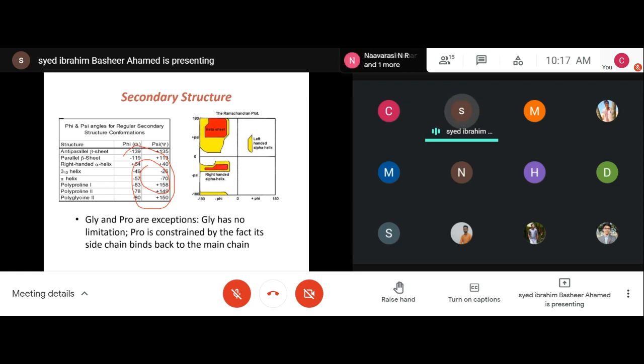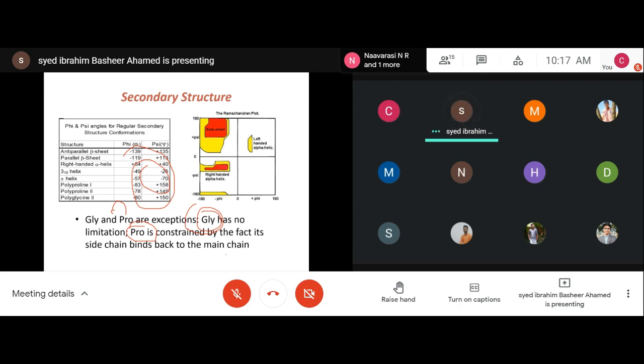Here I told you glycine doesn't have any limitation, and it can appear anywhere. And proline, you know, the side chain, the R group, is connected with the C alpha, so it makes a cyclic structure.